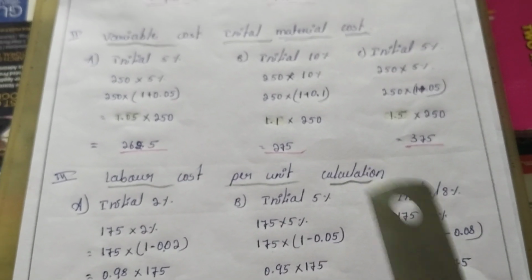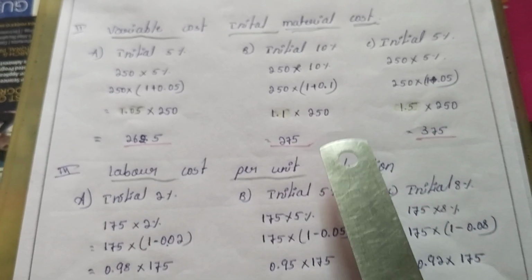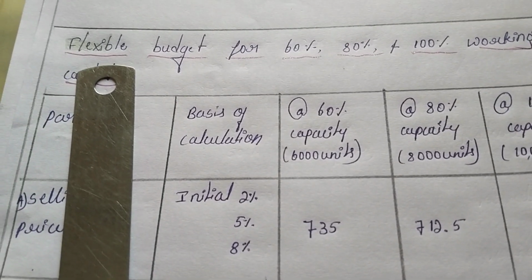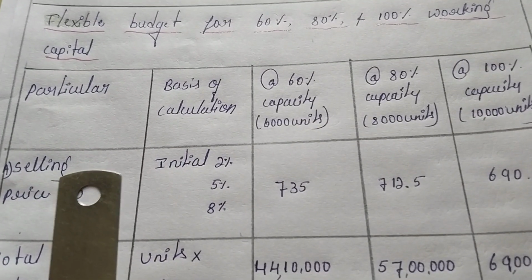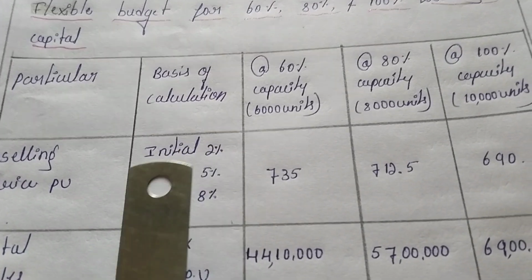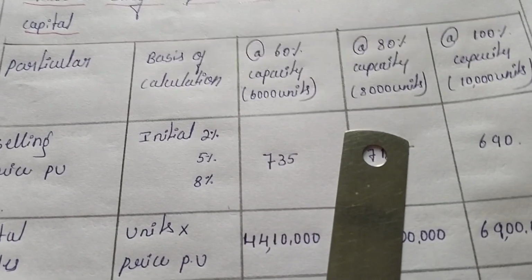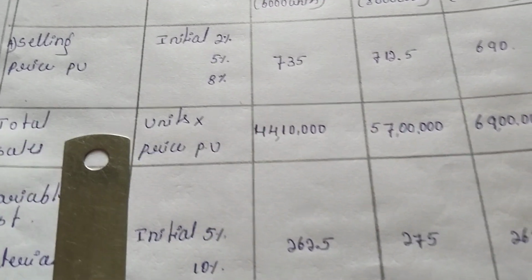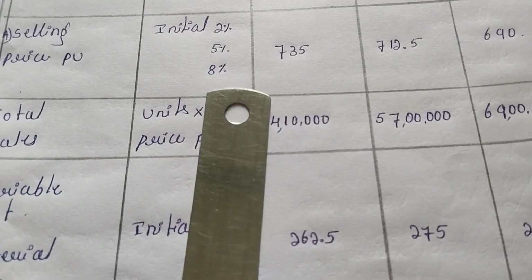Using all these values, we prepare the flexible budget at 60%, 80% and 100% working capital. The basis of calculations: at 60% capacity 6,000 units, at 80% capacity 8,000 units, and at 100% capacity 10,000 units. First one, selling price per unit. The selling price is decreased by 2%, 5% and 8%.